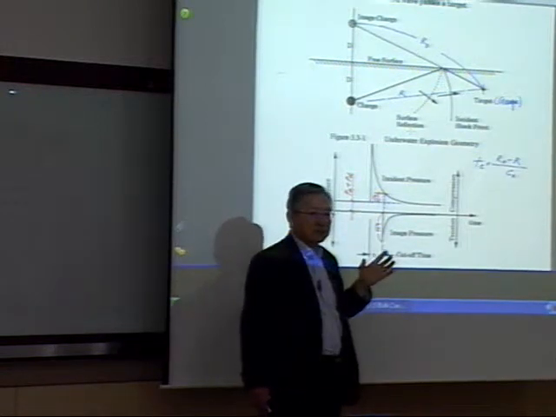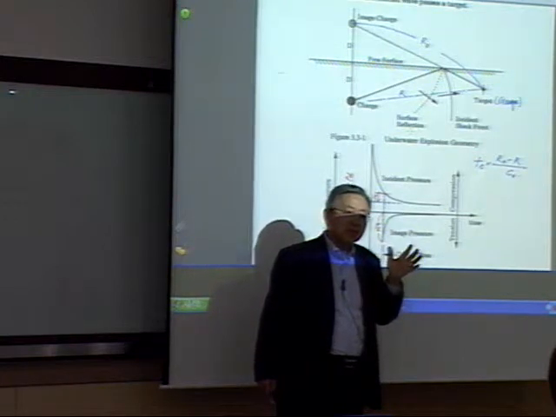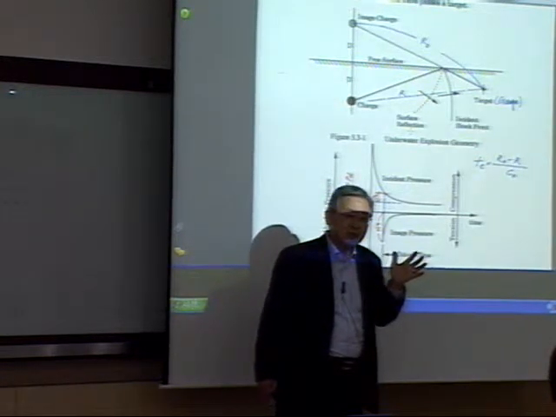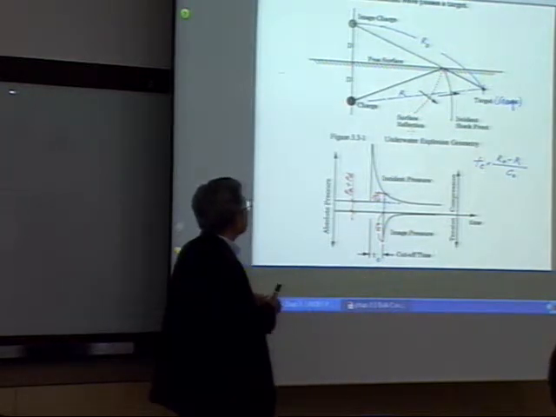To have a cavitation, you have to compute the rarefaction wave. Rarefaction wave, right? To do that, you think of this as a mirror image, the mirror image of this charge.